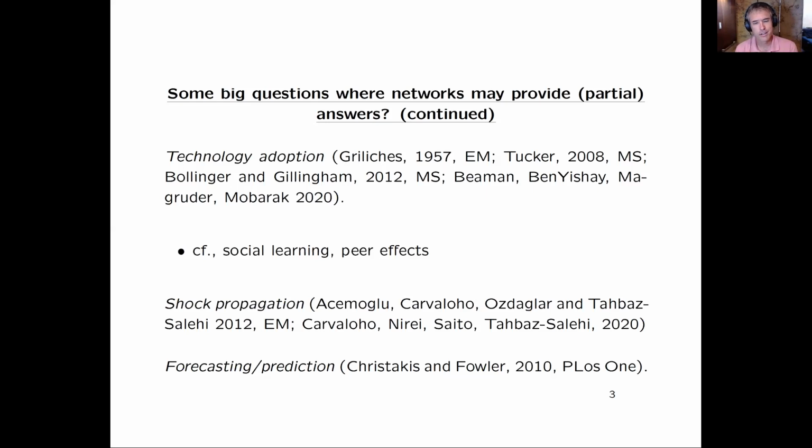In this particular paper, they used networks to forecast the flu at Harvard University. And there they used essentially the network as a sampling scheme where they randomly sampled individuals, and then randomly sampled among those individuals' friends.